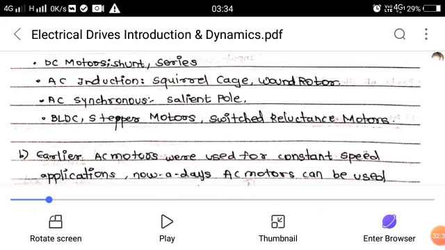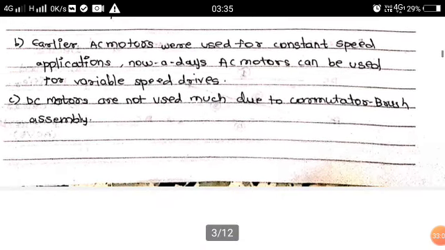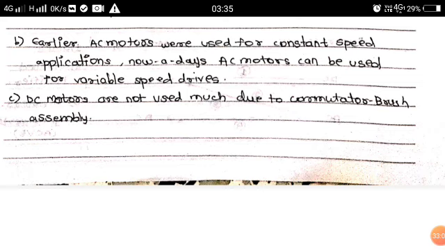So this subject includes knowledge of machines, power electronics, control systems, sometimes power systems also. So it is like a multidisciplinary subject. You must be master of all to design any drive. Okay, this is some point about motors.